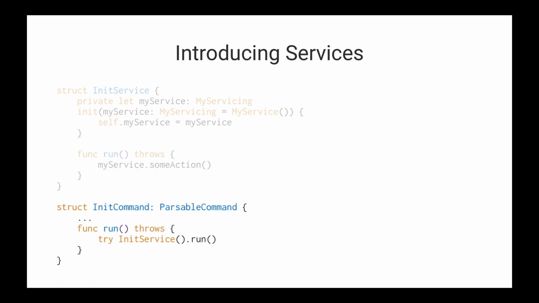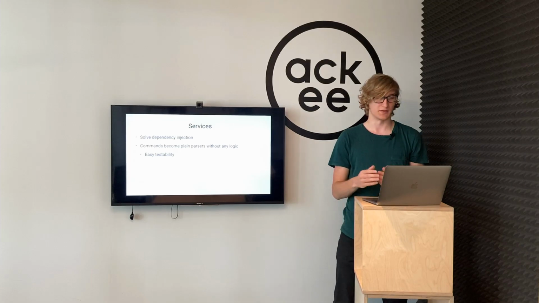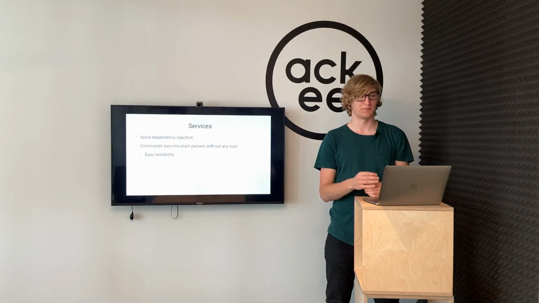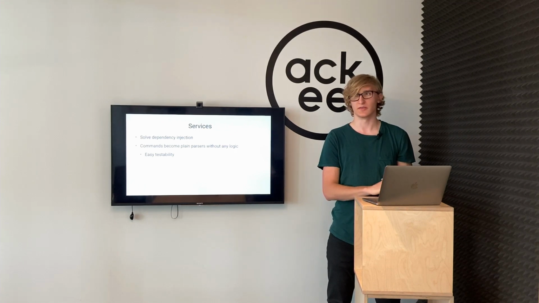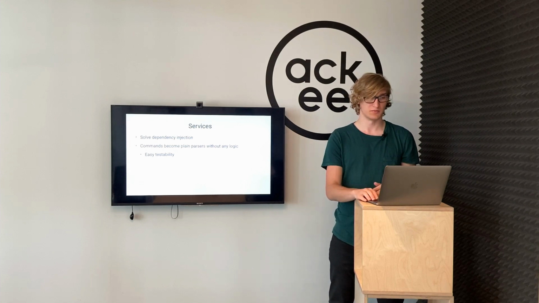And then in the InitCommand, we simply initialize the service and run it. And this way we have solved the dependency injection. And as a bonus point, the commands become plain parsers, and all of the logic is in the services. That means that it's also really easily testable.